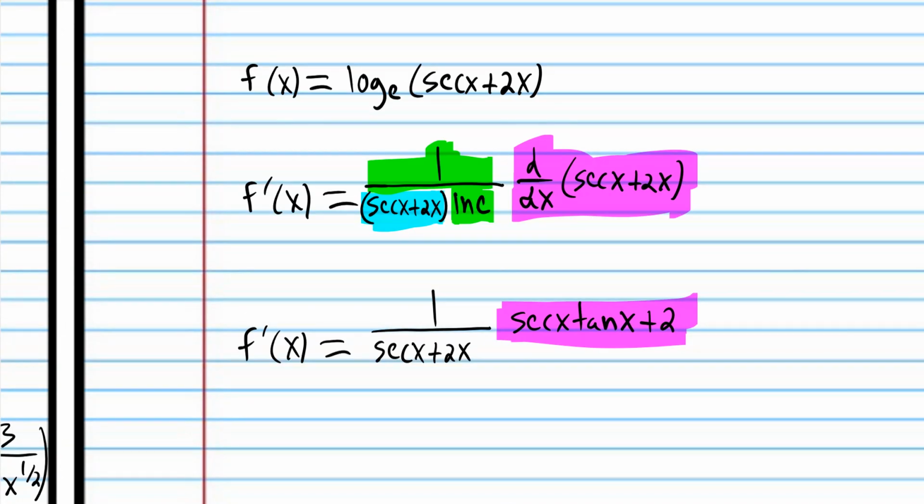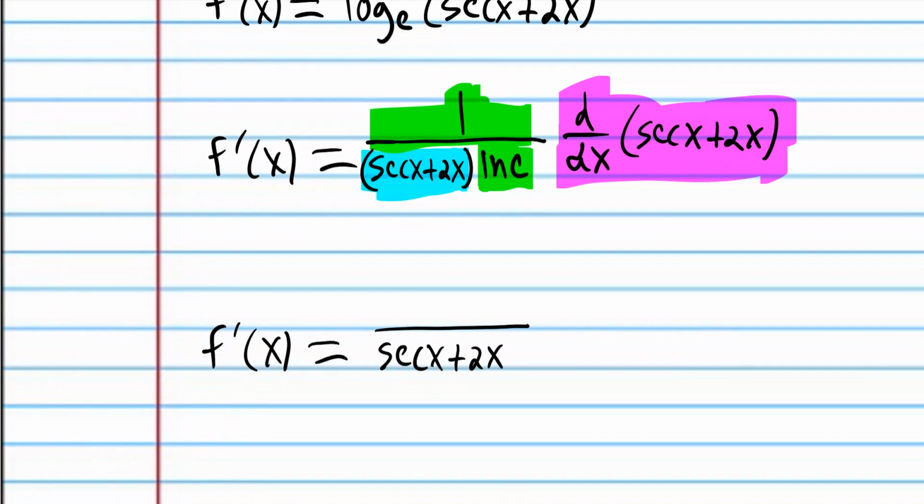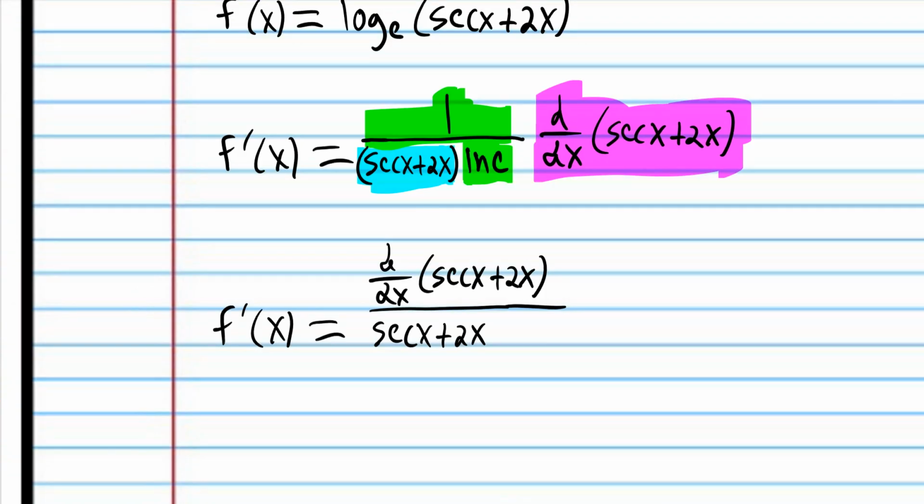And I'm actually going to write that as a derivative up here. I'm just going to copy that because we're going to demonstrate an important principle here. So I just moved it up into the numerator.